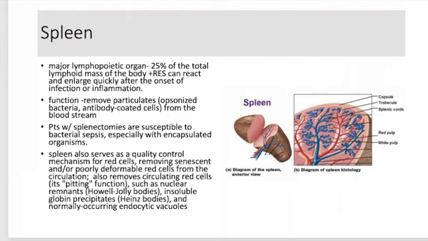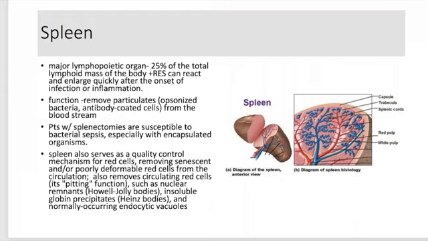It filters blood-borne antigens, cleanses the blood through action of the mononuclear phagocytes, initiates immune responses to blood-borne microorganisms, particularly bacteria, destroys aged red blood cells, and also serves as a reservoir for blood. So very important to the hematologic and immune system.